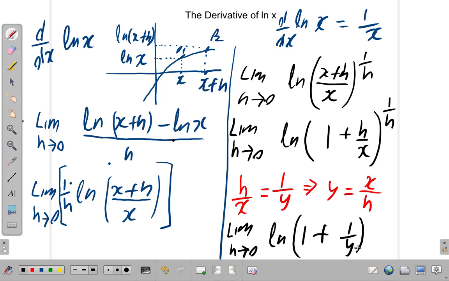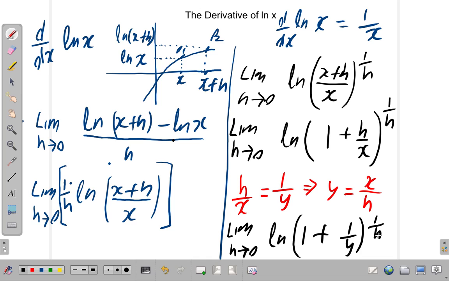This would be 1 over y. And then that is raised to the power of 1 over h. Okay, good.